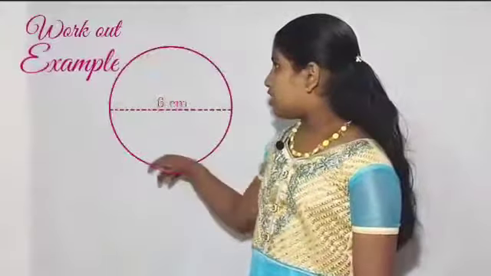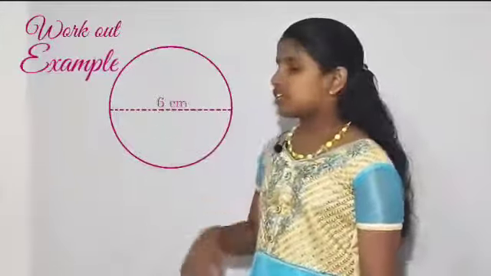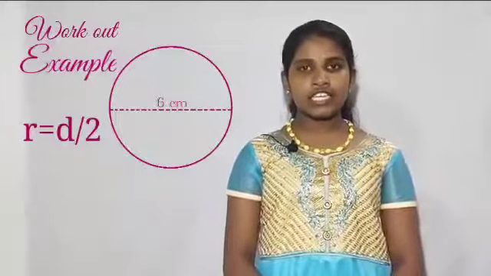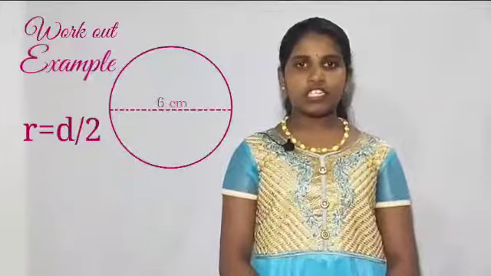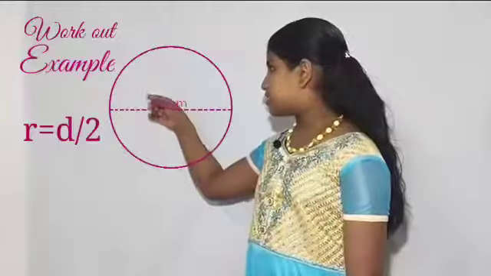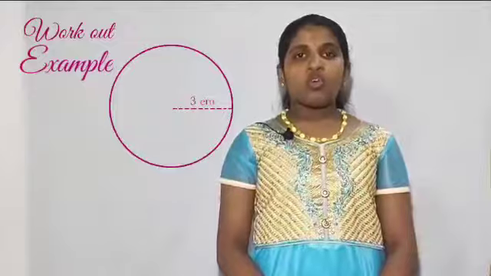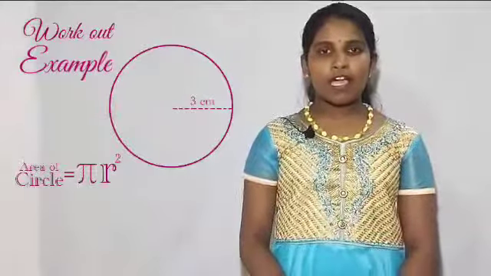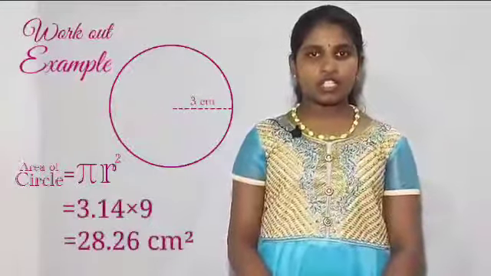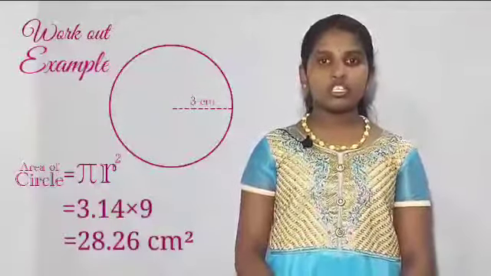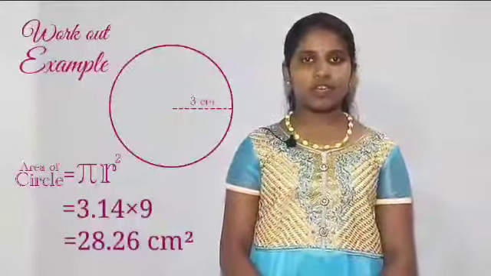Worked example. In this circle, its diameter is 6 cm. We know the radius is half of the diameter. Its radius is 3 centimeter. Now we calculate area by pi r square, which is 3.14 into 9, equal to 28.26 centimeter square.